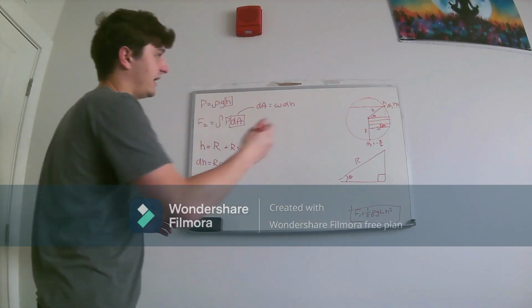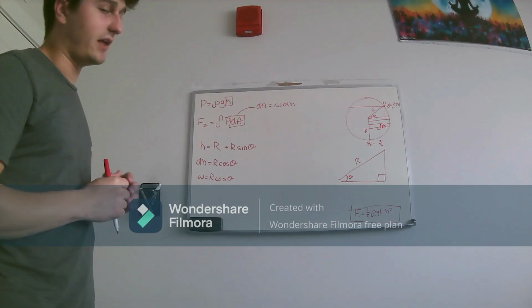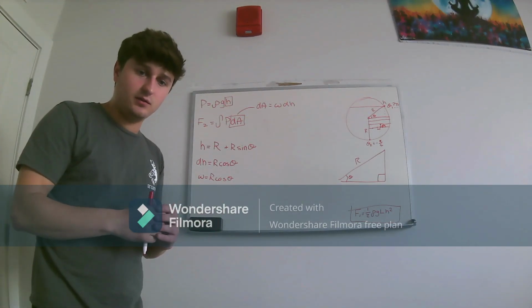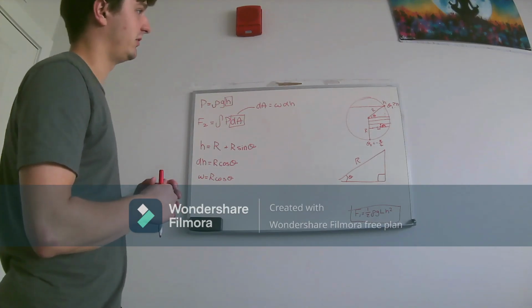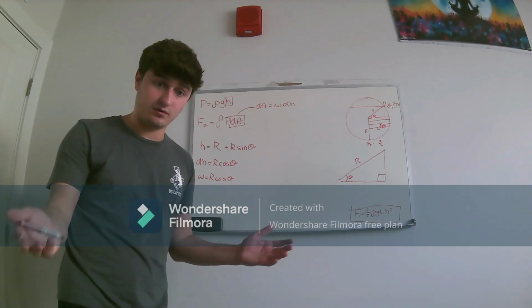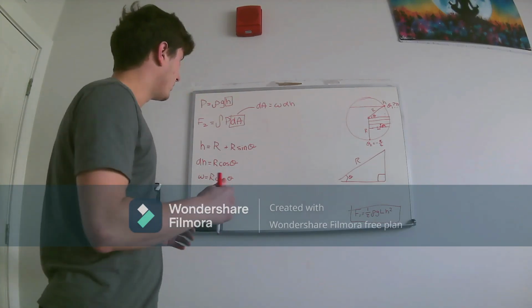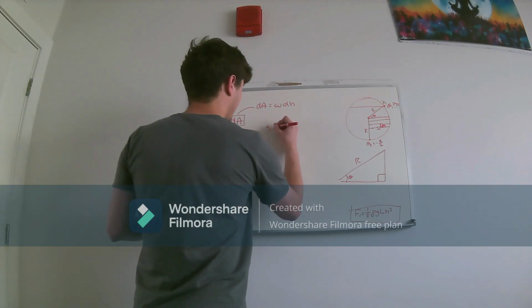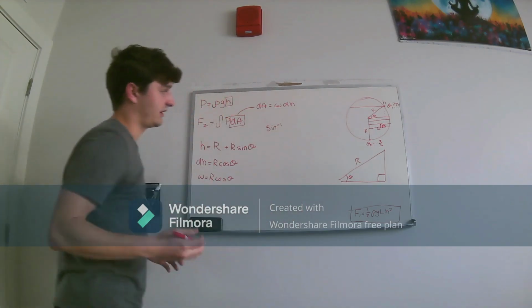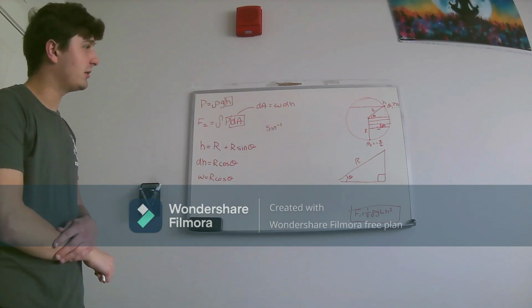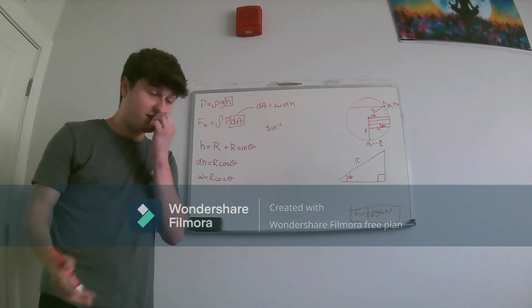So let's look at what we have. How are we going to figure out that angle right there? Well, first we need to realize we're going to be using inverse sine to figure out that actual theta, because there's really no other way of doing it, and it needs to be case dependent. So we're going to have this inverse sine to give us that angle. Now, how do we determine what's going to be inside of that? Well, we actually do know.